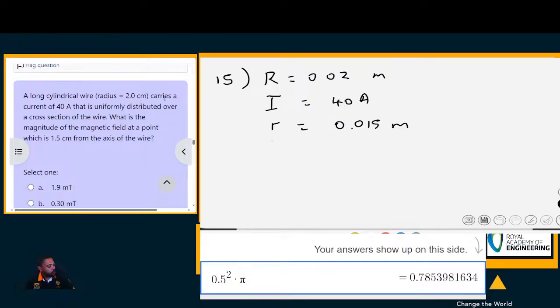Of course the permeability of free space is 4 pi times 10 to the negative 7 tesla meter per ampere.